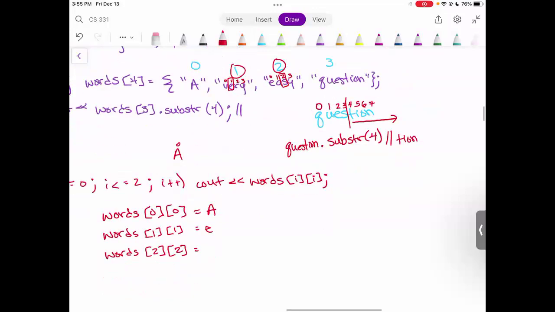That's S. So your final answer for this would be capital A, lowercase e, S. Sometimes the teachers are a bit more particular with the capital. So if you put a lowercase a, they would say that's wrong, and they might give you half credit for it instead of full credit. Okay. Any questions about this one?